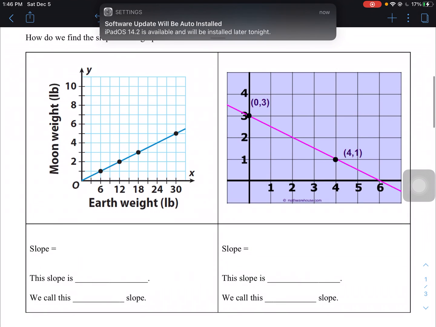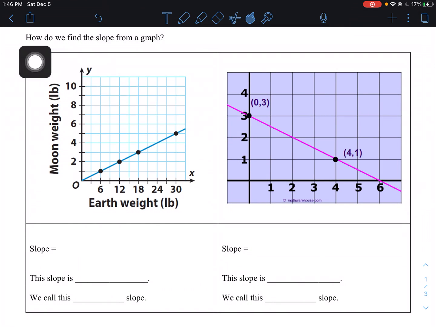So then our question is, how do we find the slope from a graph? We have two examples here. Let's look at this one first. This line is increasing. So we could say the graph is increasing.